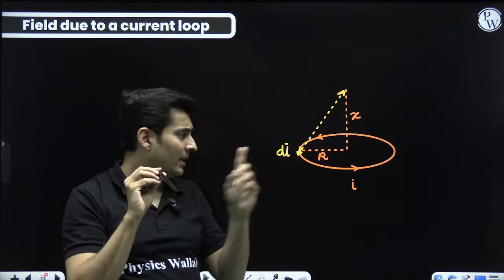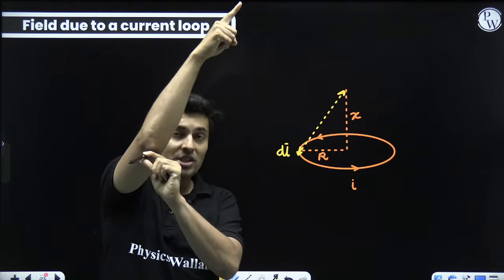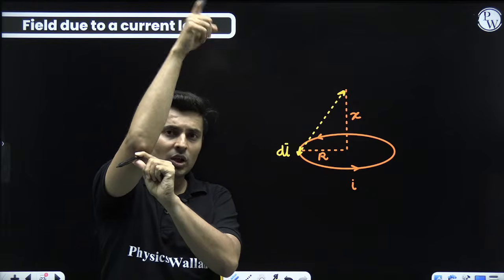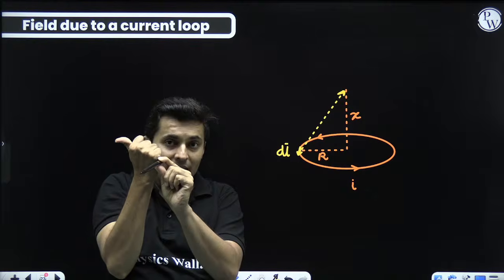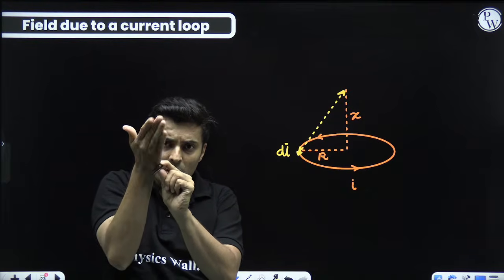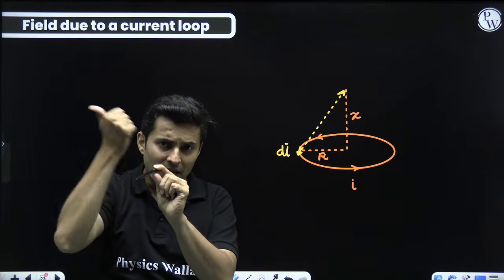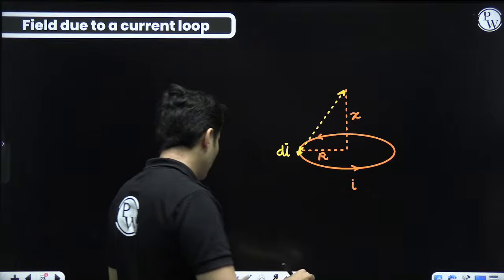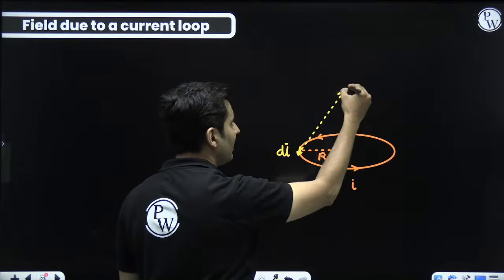Visualize it in 3D. I cannot draw 3D on a 2D surface. The r position where you want to find the field is here. So if you do dL cross r, the magnetic field comes that way. Look at my thumb. dL is towards you, cross r, the magnetic field, the thumb direction is this way. So the small teeny mini magnetic field will come like this, guys.